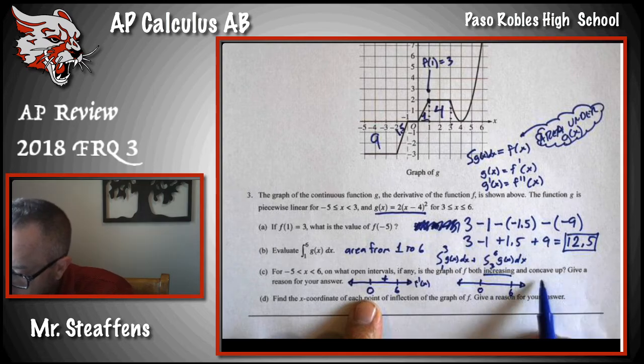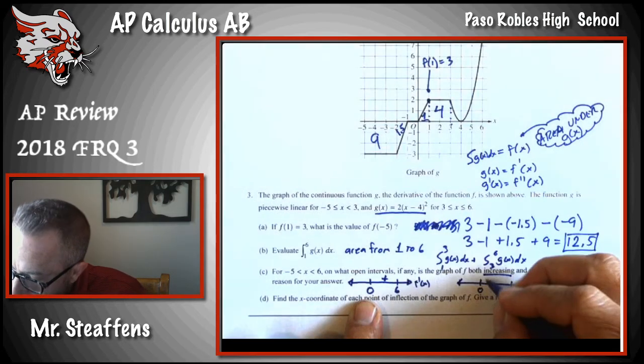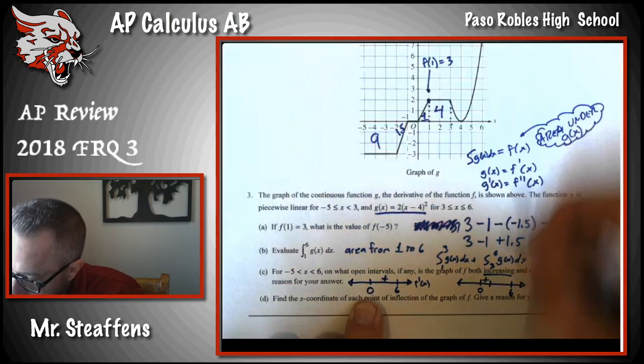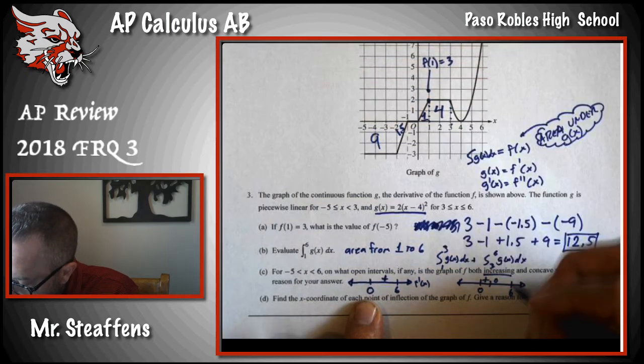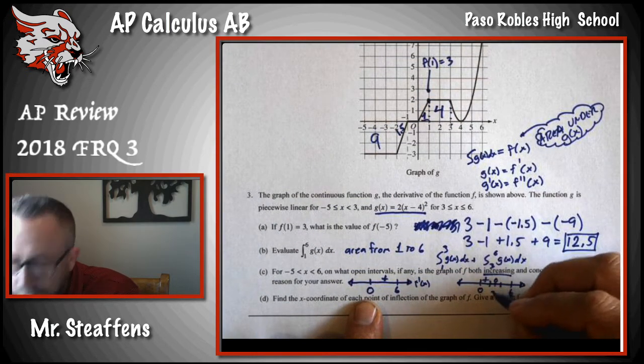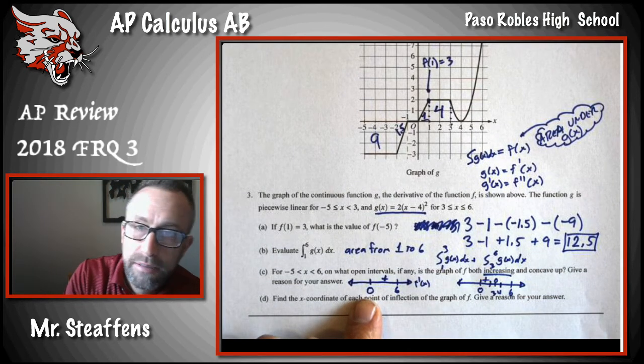If it's concave up, it's going uphill from 0 to 1, and then it goes flat, and then it goes downhill from 3 to 4. Oh my God, this is the worst thing ever. This is why you don't try to do all your work here. Do your work on a separate sheet of paper, kids. Learn a lesson.